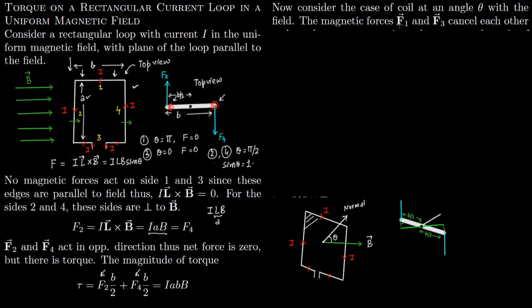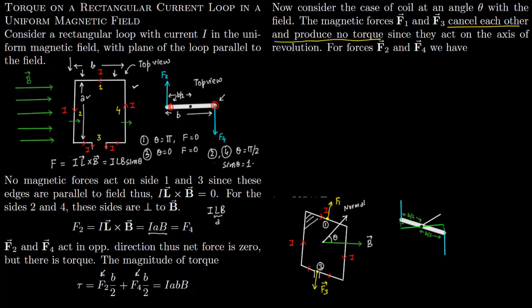Now the magnetic forces on side 1 and side 3: there are forces acting on these sides, but these forces act along the axis of revolution. So say the axis of revolution is right here. The force acting on 1 would be right here, and the force acting on 3 would be right here. So these two forces cancel each other out and produce no torque, since they both act on the axis of revolution.